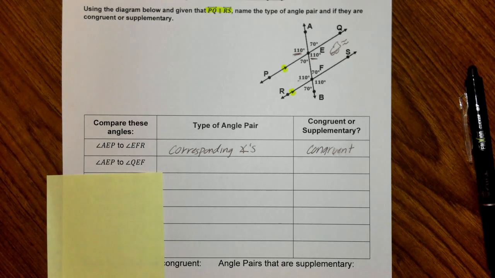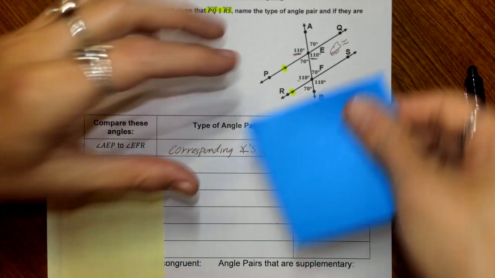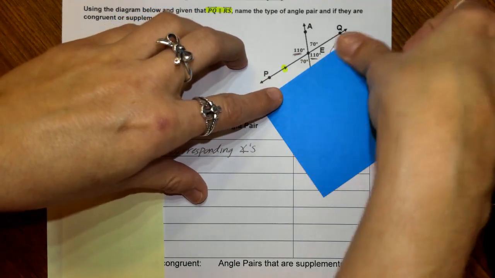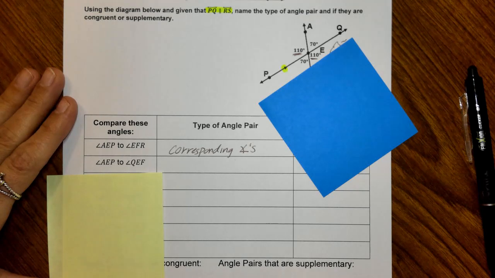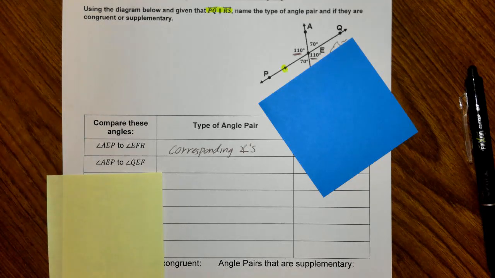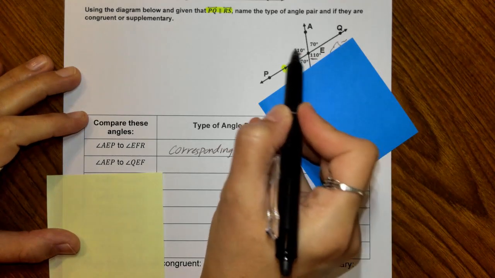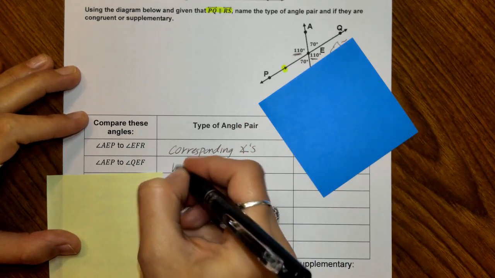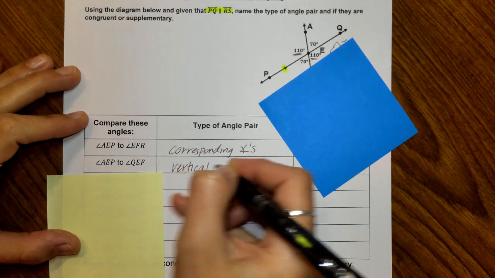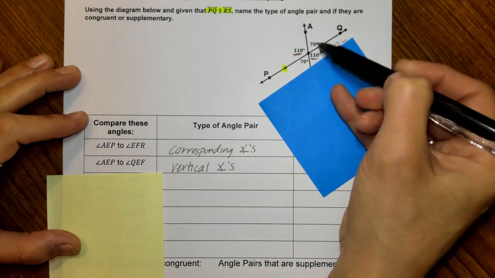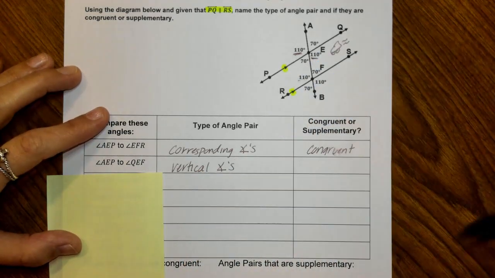Here, we are only involving one intersection. When this happens, we either have a linear pair, adjacent on a line, or vertical angles across the vertex. Here they are not adjacent, they are across the vertex. We have vertical angles, and we have already learned that vertical angles are congruent.